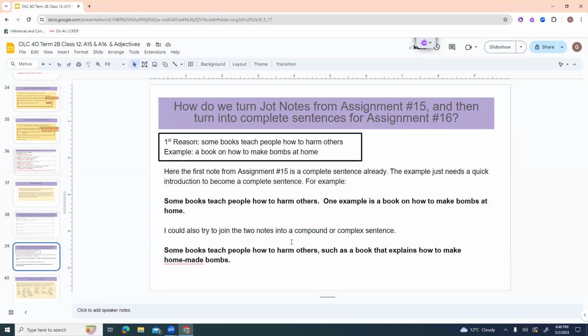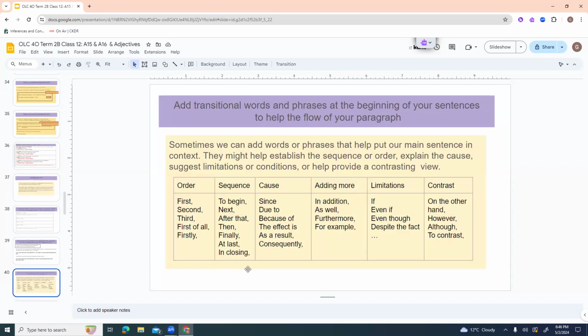I've just phrased it 2 different ways. This is a little more sophisticated in a sense because I've combined 2 smaller sentences into a compound sentence. You can also add transitional words or phrases at the beginning of your sentences that can help the flow of your paragraph.